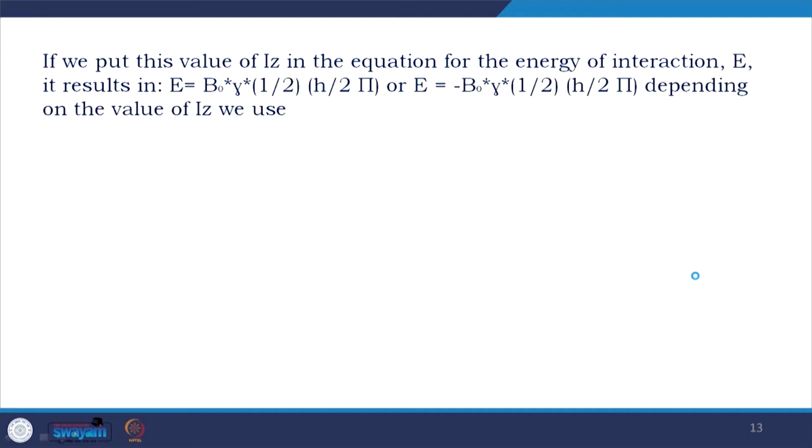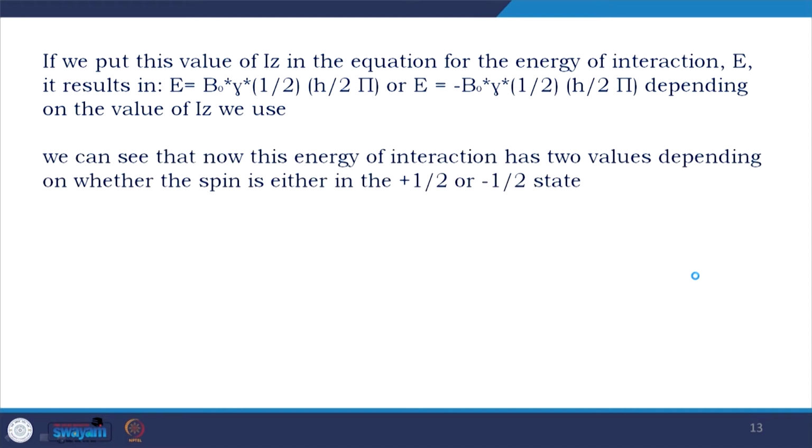Now, if we put this value of Iz in the equation for the energy of interaction E, it results in E equal to minus B0 gamma half h by 2 pi or plus B0 gamma half h by 2 pi, depending on the value of Iz we use. So, two different energy states. We can see that this energy of interaction has two values depending on whether the spin is in the plus half or minus half state.